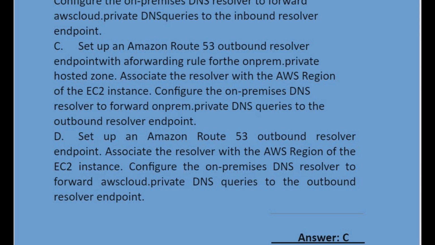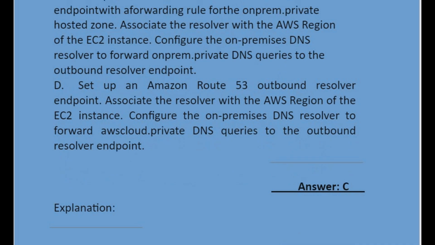Option D. Set up an Amazon Route 53 outbound resolver endpoint. Associate the resolver with the AWS Region of the EC2 instance. Configure the on-premises DNS resolver to forward awscloud.private DNS queries to the outbound resolver endpoint. Correct answer is option C.